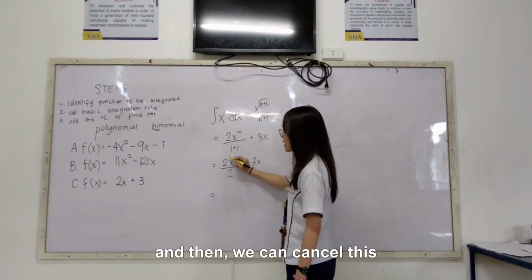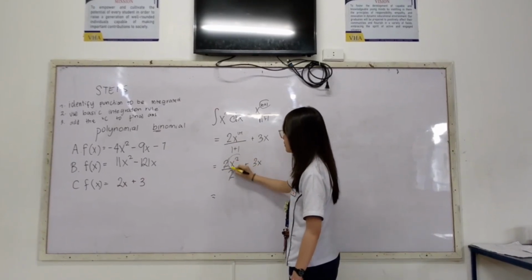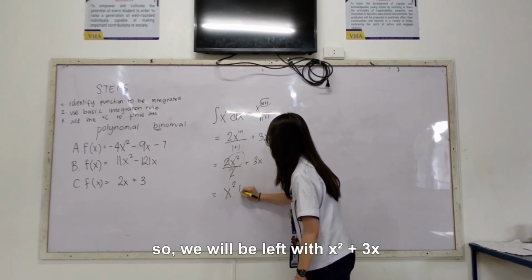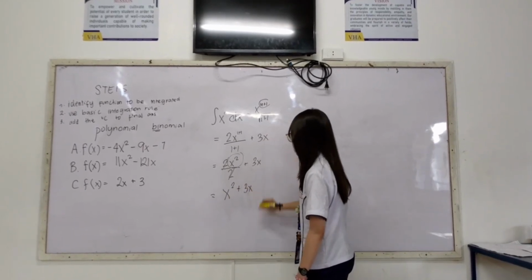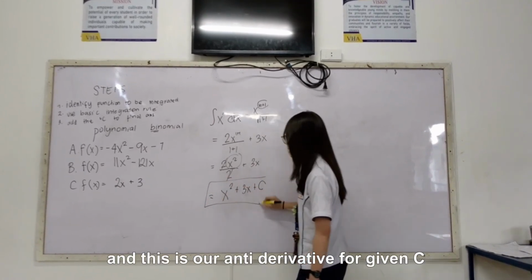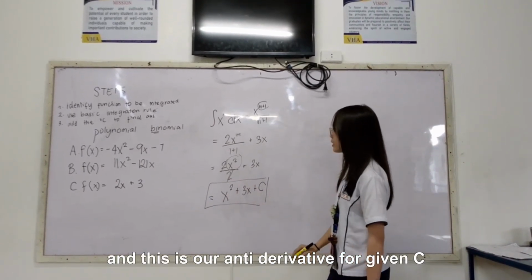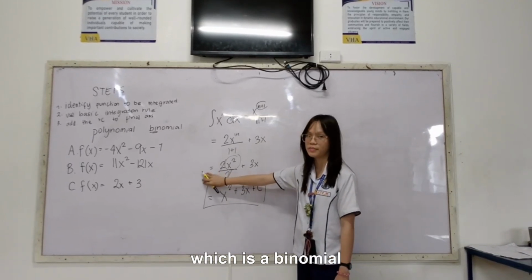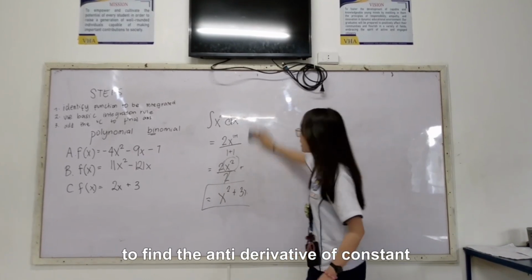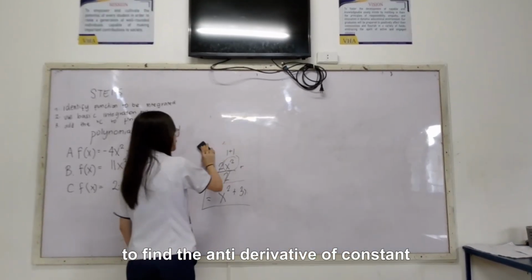And then we can cancel this, and we will be left with only x squared. So we will be left with x squared plus 3x plus the constant of integration. And this is our antiderivative for given c, which is a binomial. So now let's head on to finding the antiderivative of a constant.